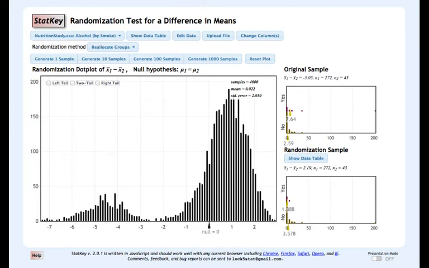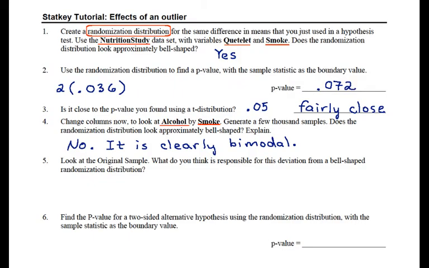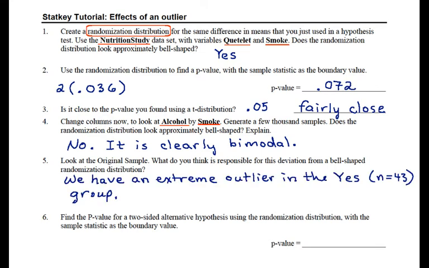Now, I don't know if this is measurement error, or if this is honestly a person, a smoker, we're in the yes group, a smoker who consumes this large amount of alcohol. But the extreme placement of this outlier is what threw off our randomization distribution.